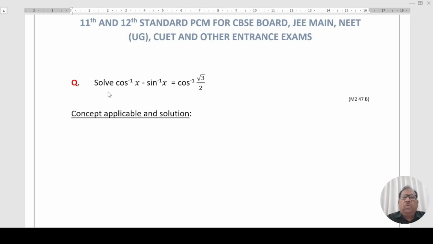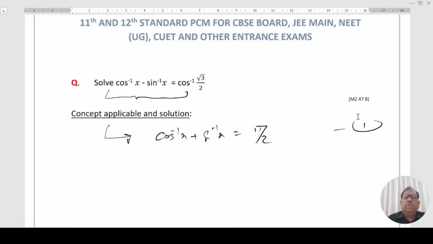Question is solve cos inverse x minus sin inverse x equal to cos inverse root 3 by 2. Concept applicable. Cos inverse x plus sin inverse x equal to pi by 2. Right?